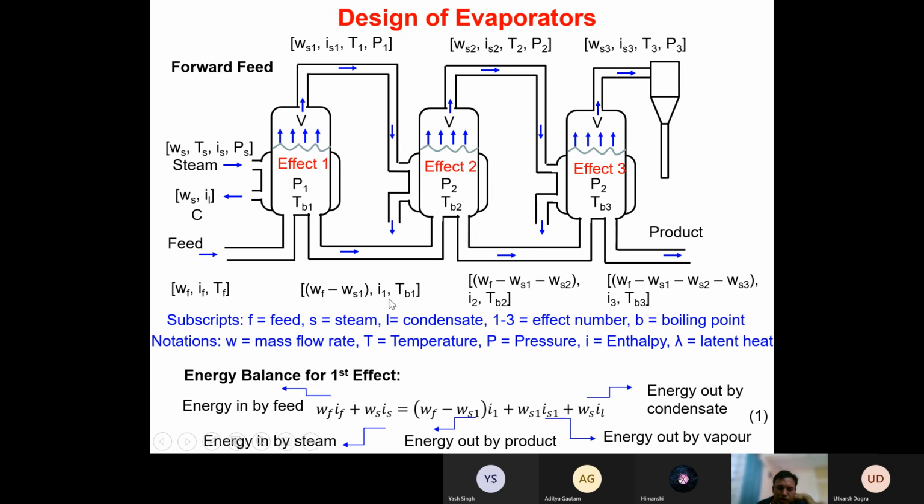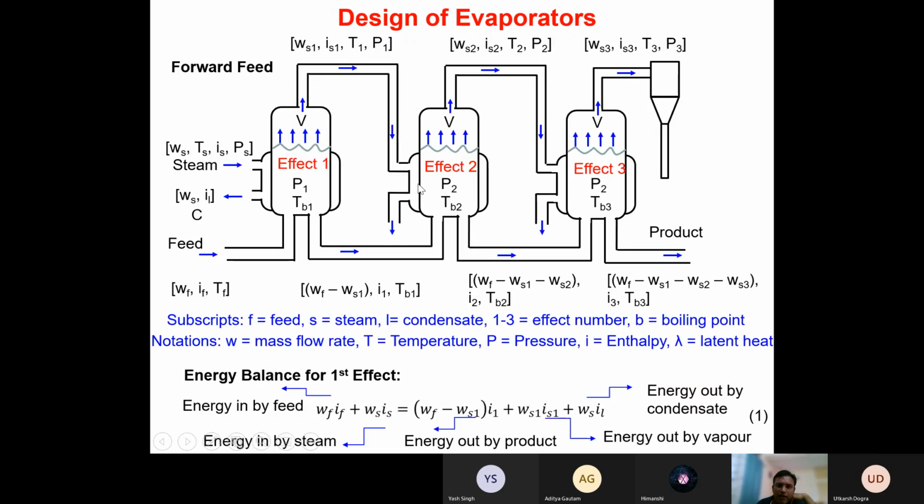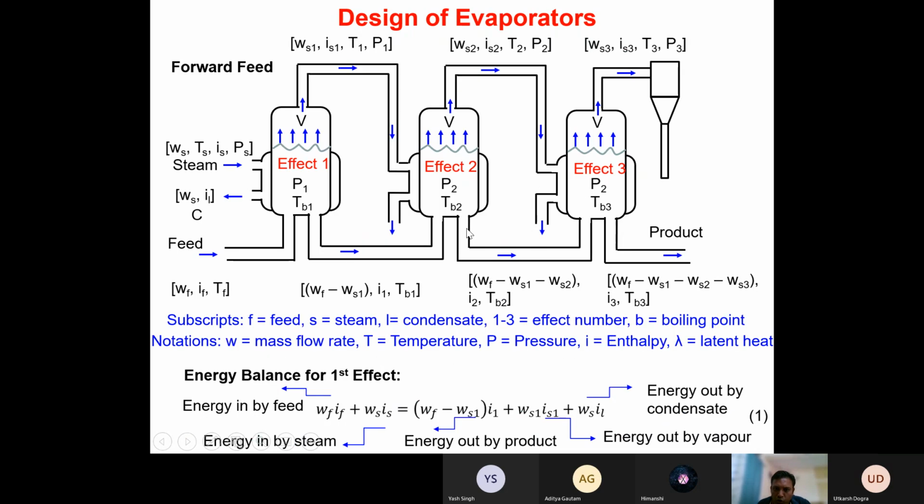So WF minus WS1 into I1 will be the input here, plus WS1 lambda S1, because this vapor coming out from the first effect is acting as a steam to the second. So WS1 lambda S1 will be the heat input here. And the right hand side will be WF minus WS1 minus WS2. That is what is going out from the second effect multiplied by I2 plus WS2 into IS2.